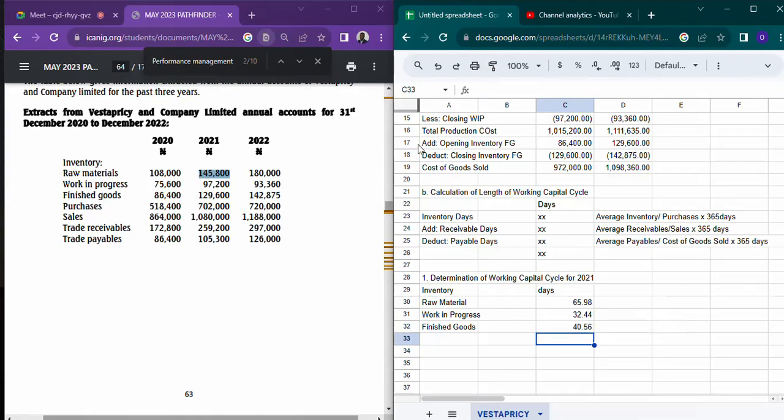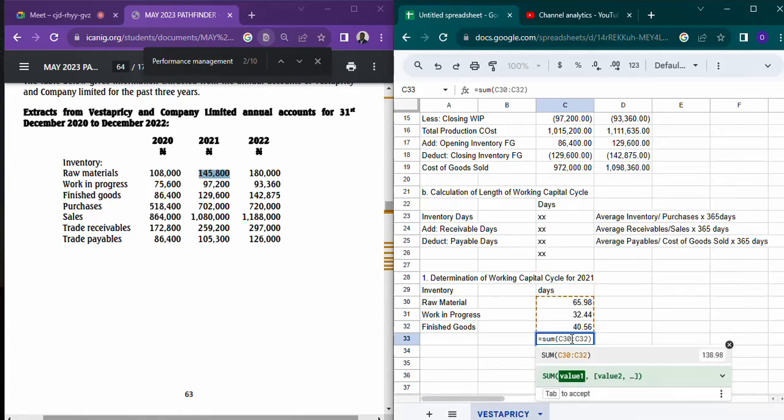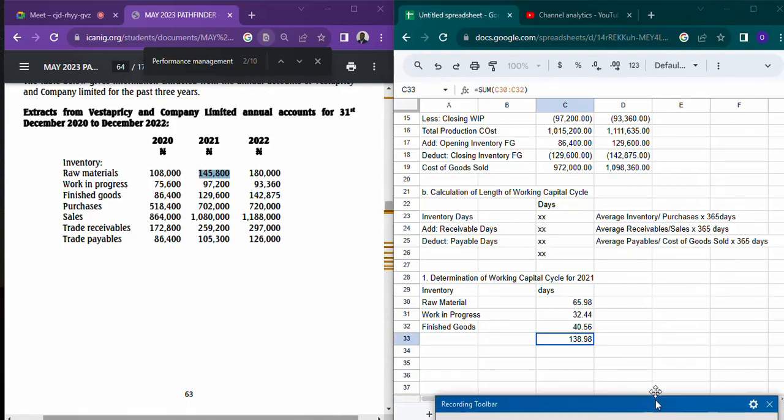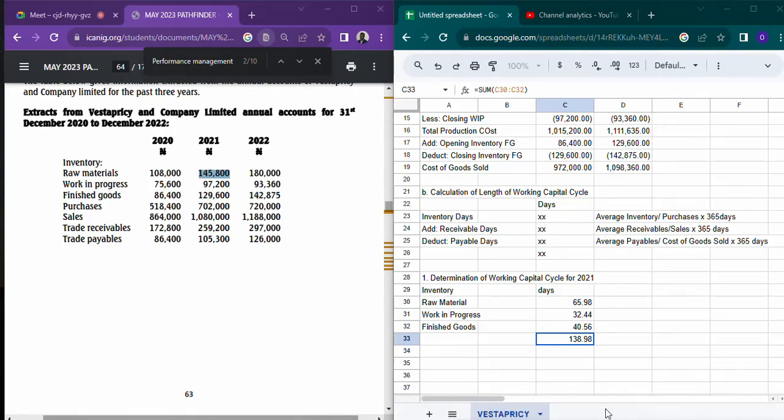That's 40.56 days. So total inventory days is how much? 138.98 days. Is that clear enough? Yes, please.